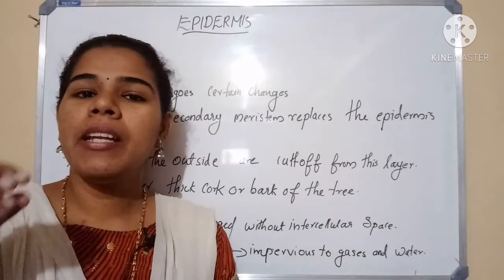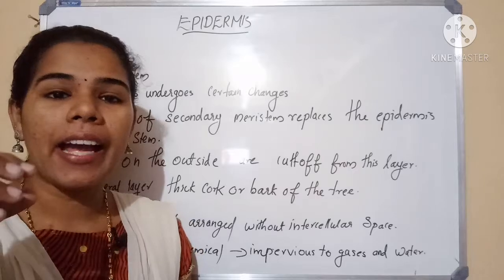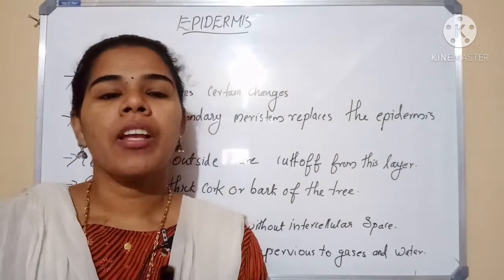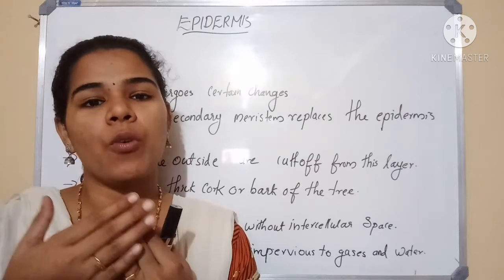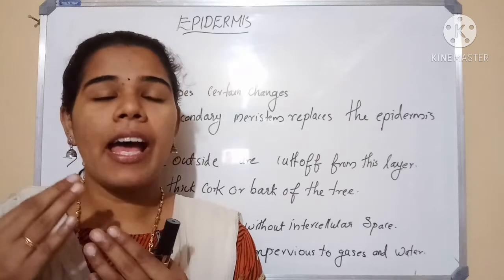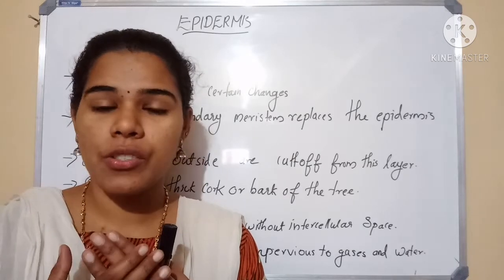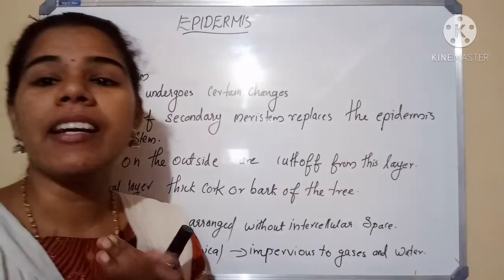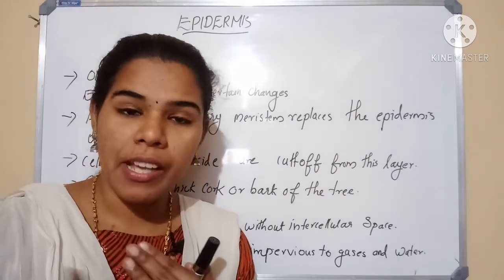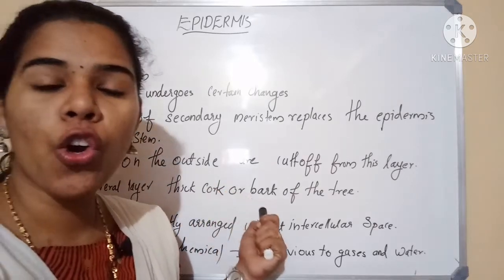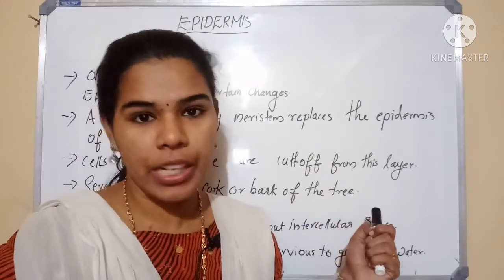So the epidermal layer, because of the action of the secondary meristem, is replaced, and what happens? They detach from the new cells. What changes occur? They become several layers. These layers are called cork or bark of the tree.